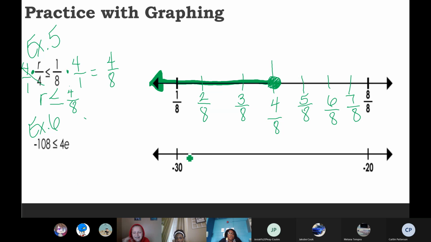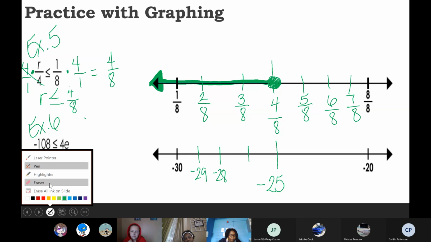Okay, guys, so let's look here. As I'm making my number line, what number is between -30 and -20? -25. So -29, -28. Got to make our lines a little bit.